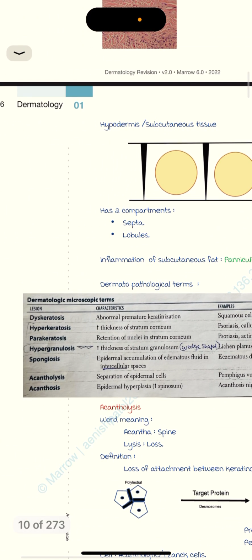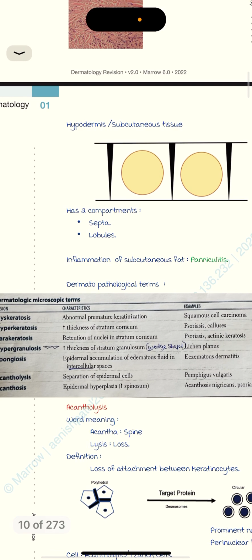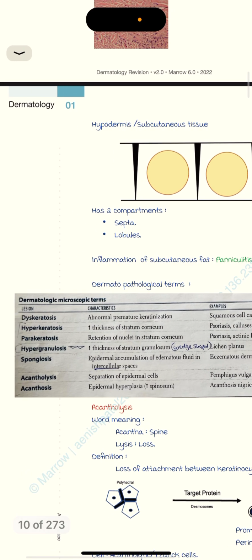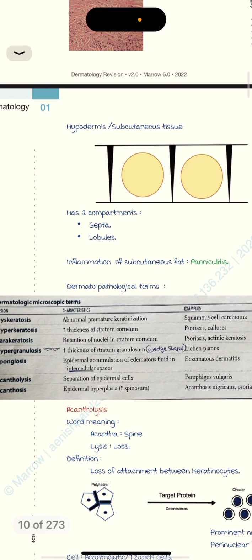Then, if thickness of the stratum corneum is increased, it is known as hyperkeratosis, and it is seen in psoriasis and calluses. And if there is retention of the nuclei in the stratum corneum, then it is known as parakeratosis. It is also seen in psoriasis and actinic keratosis.